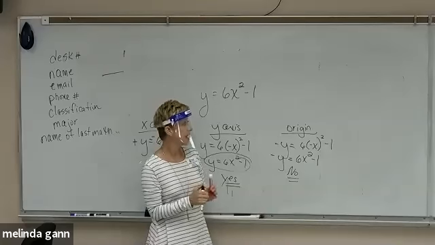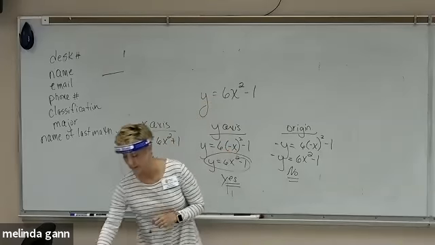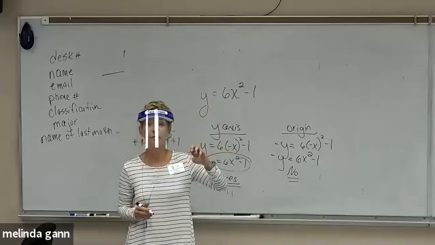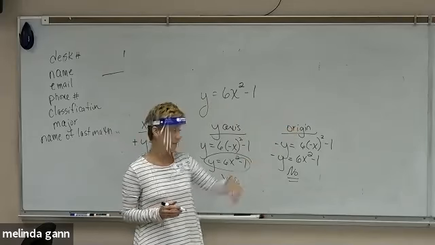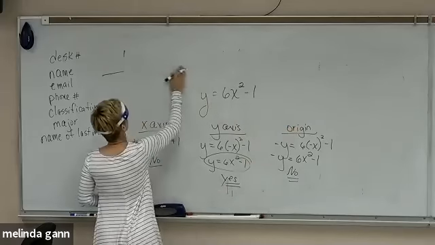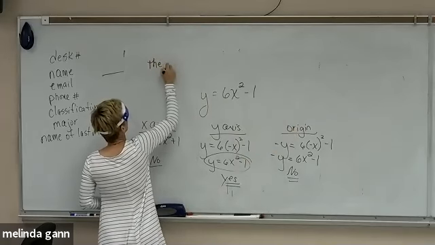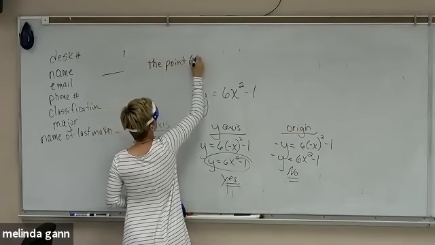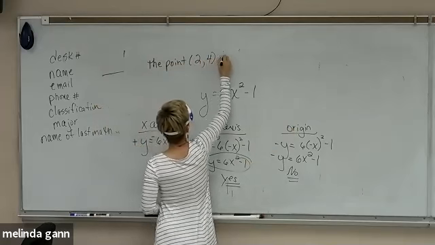So do you understand how I do that? Okay? Now, let me show you another way that I might phrase it, and this is the way that's really going to be probably more helpful for you on your third test. What if I told you this? The point 2, 4 is on a graph.